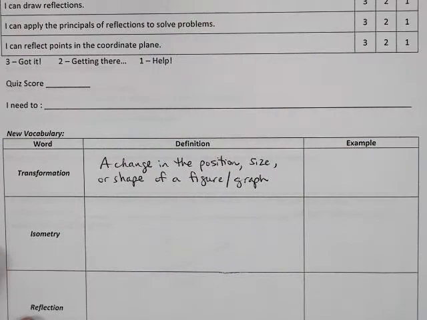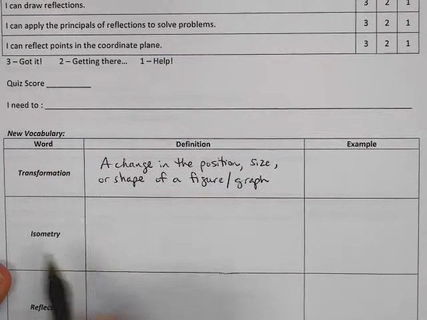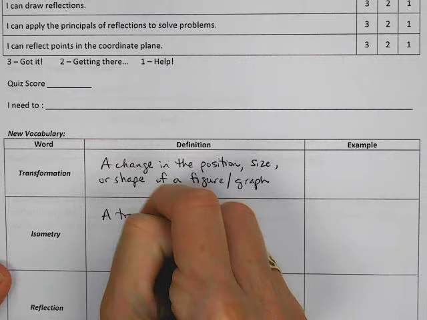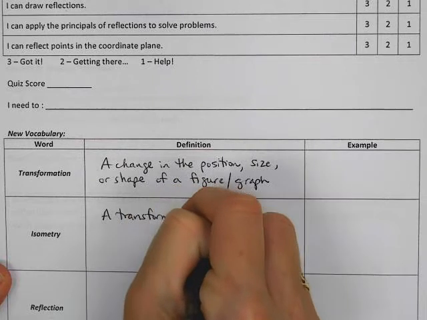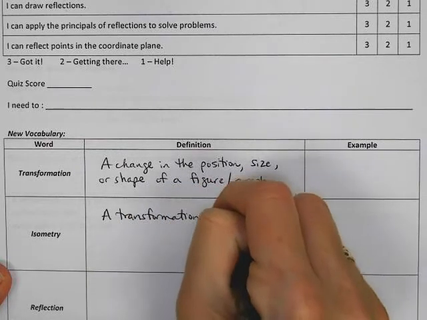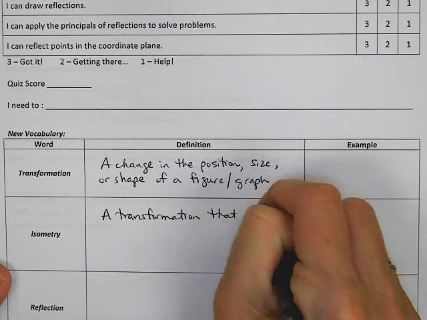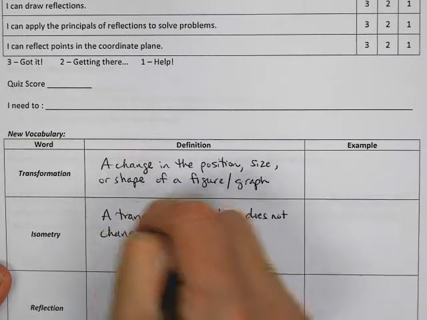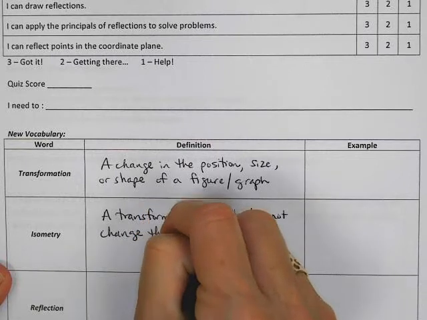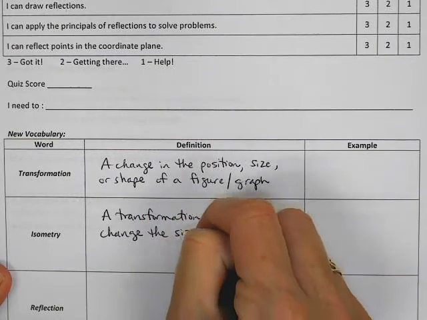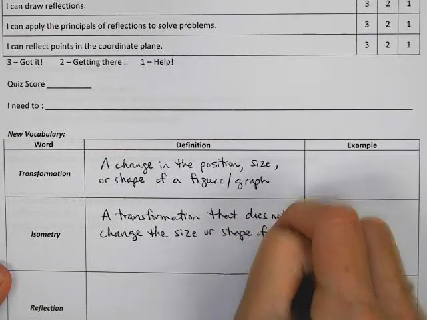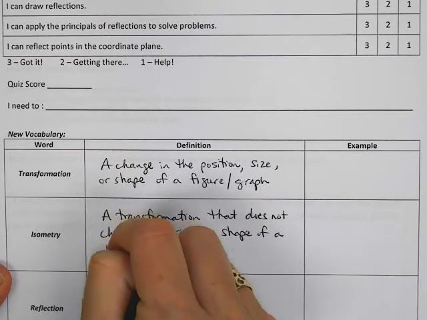Specifically, a reflection is what we call an isometry. An isometry is a transformation that does not change the size or shape of a figure or graph.